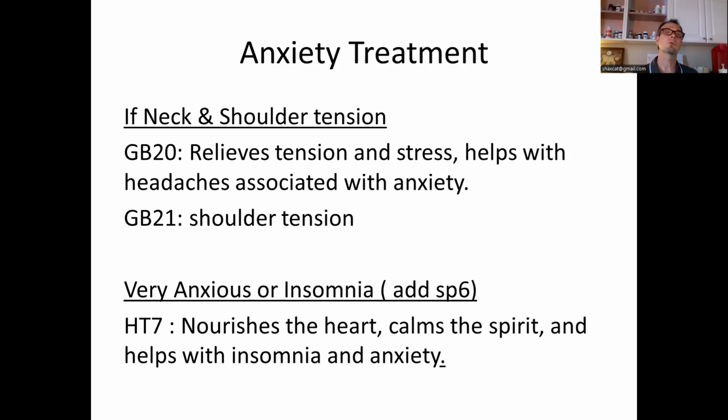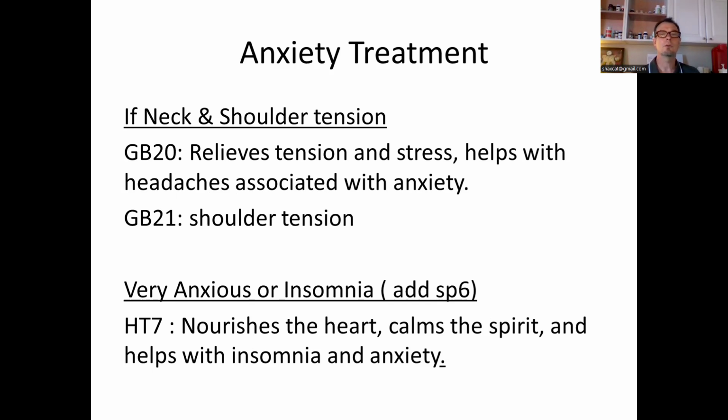If the neck and shoulders are tight, which commonly they are with people that are stressed out, you can do GB21, GB20. Those are some good points to just relax the shoulders. You could even cup the area too. That's helpful.